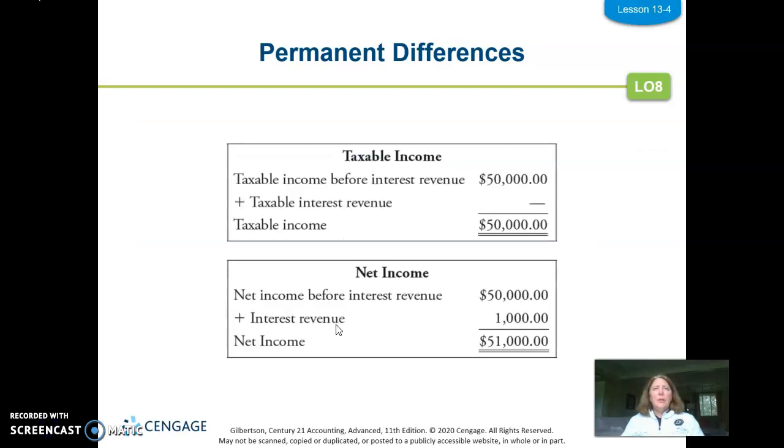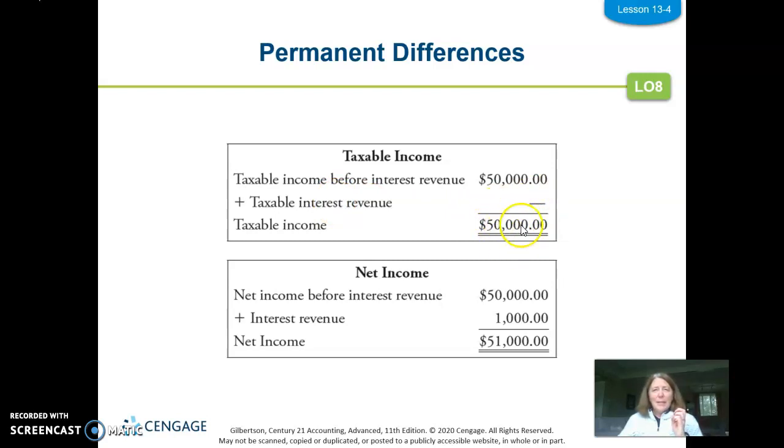So let's just look at this. This is on page 391 if you want to look there. But permanent differences then. So we're looking at taxable income for the IRS and paying taxes under U.S. law, and then net income for book purposes, book income, what it would be. So our taxable income before this permanent thing happened was 50 grand. We earned some interest revenue from a tax-exempt bond. So it does not get included in income.